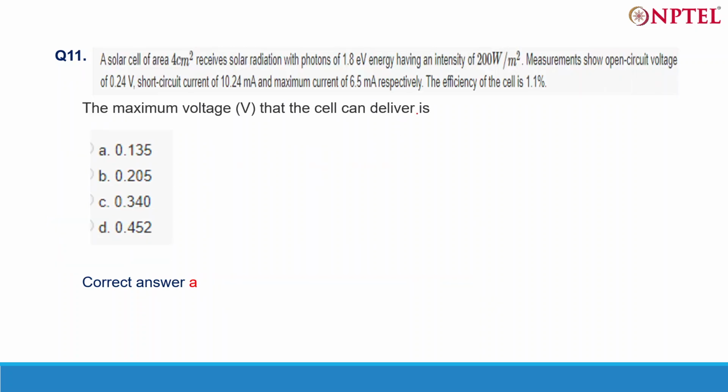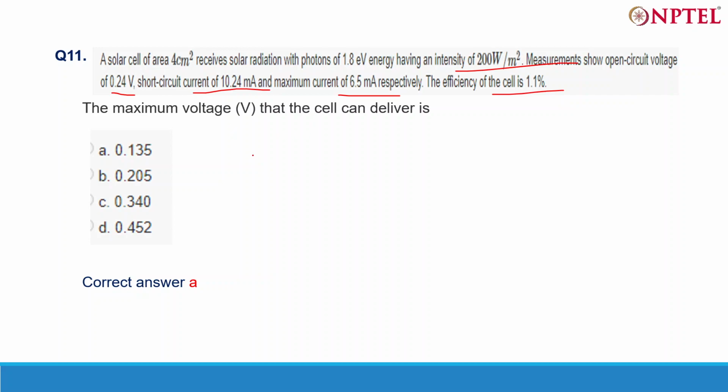A solar cell of area 4 centimeter square receives solar radiation with given photon energy and intensity. Measurements: open circuit voltage of 0.24, short circuit current of this, maximum current is this. The efficiency of the solar cell is 1.1. The maximum voltage a cell can deliver is.